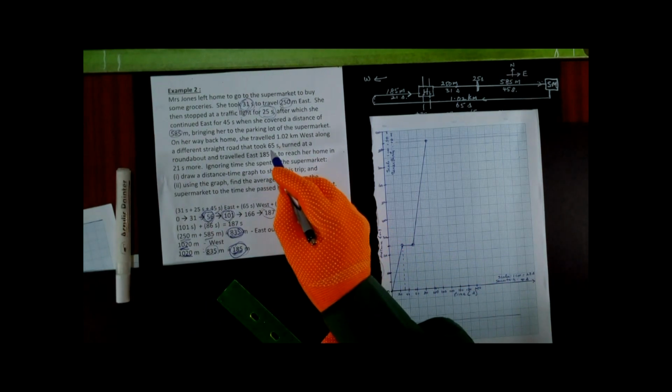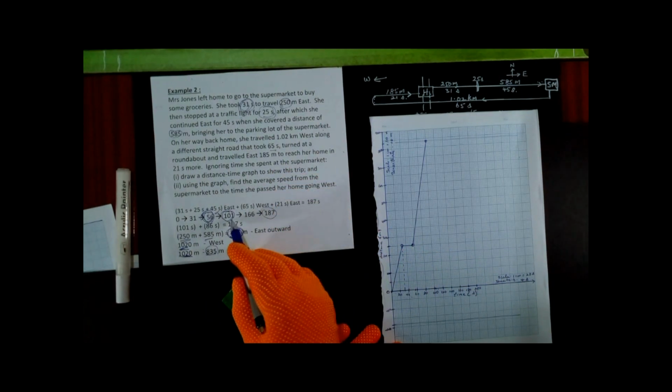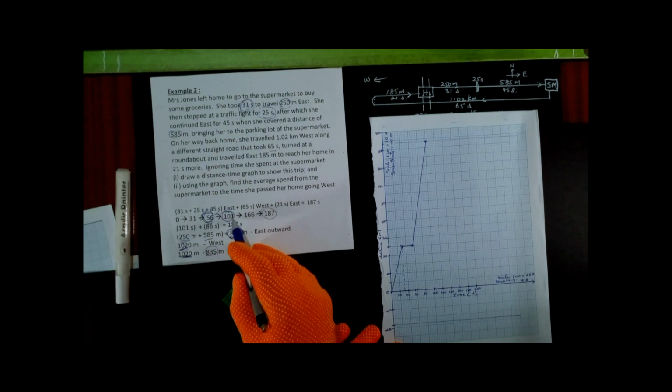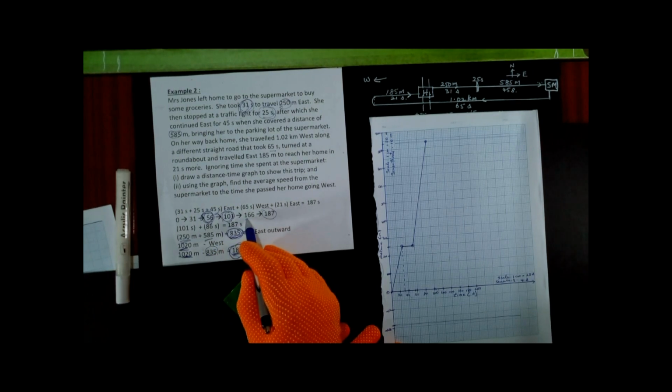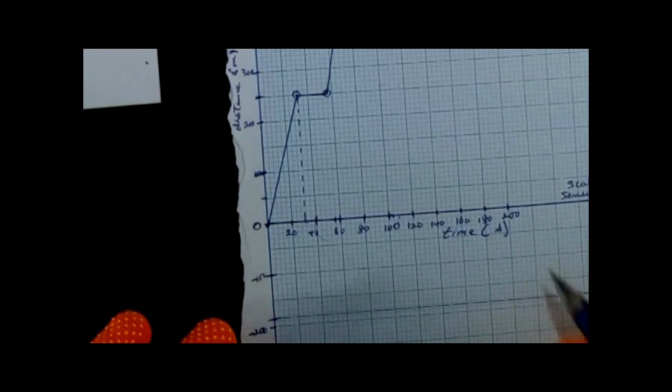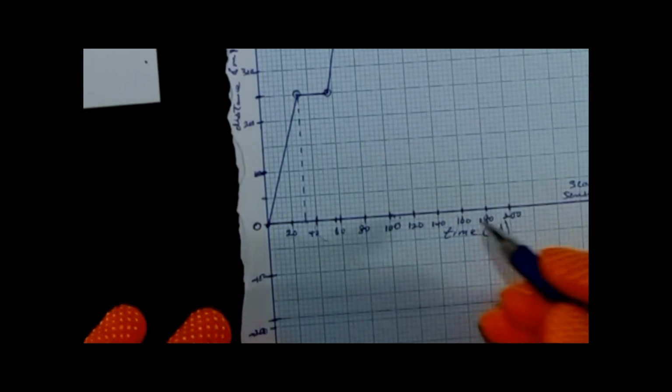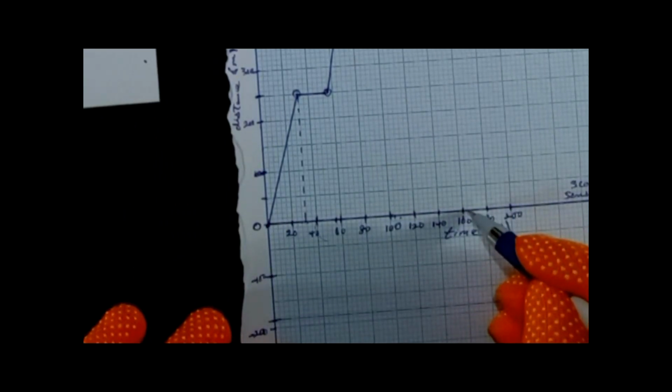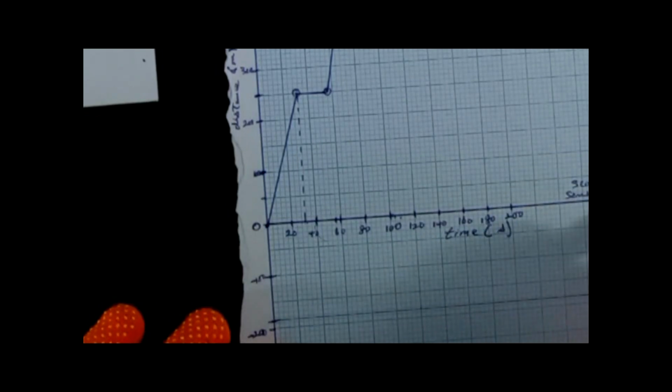And how much time did she take? She took 65 seconds. That's 65 seconds more than this 101. So if you add 65 to 101, you get 166. So now we have to go to 166, 160, 164.